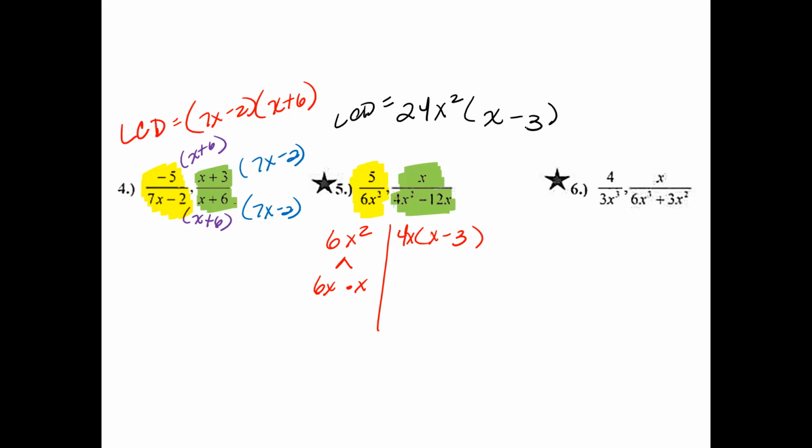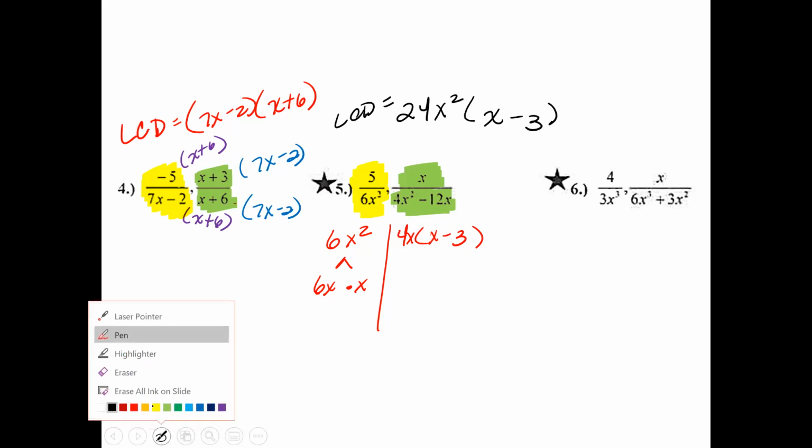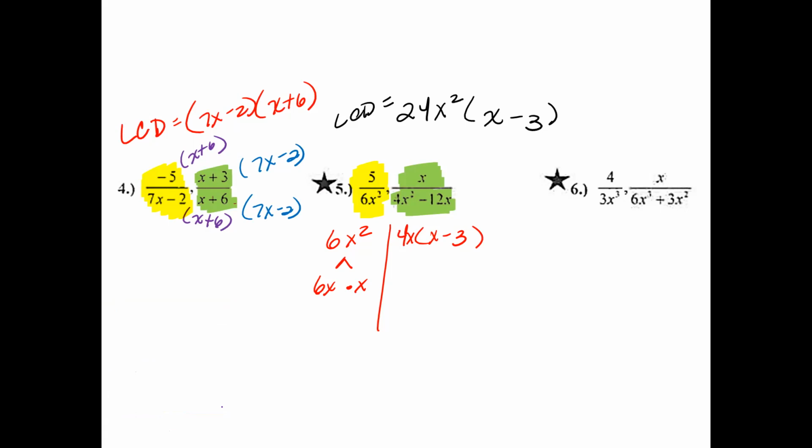And I asked myself, okay, with my yellow fraction, what do I need to multiply to get to that lowest common denominator? I know I am missing a 4 because 6 times 4 is 24. I'm not missing the x squared because I already have that, but I'm also missing the x minus 3. So I'm going to have to multiply 4 times x minus 3 top and bottom to get to the lowest common denominator for the first fraction.